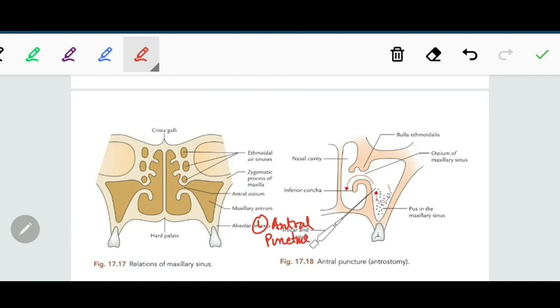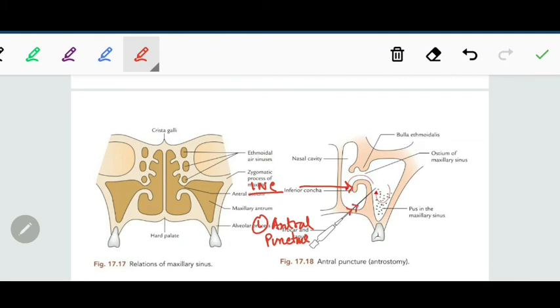It is a procedure in which by using trocar and cannula, we actually invade the maxillary sinus. The trocar and cannula are passed below the inferior nasal concha. This one is the inferior nasal concha. So the trocar and cannula is approached underneath the inferior nasal concha in an outward and backward direction.